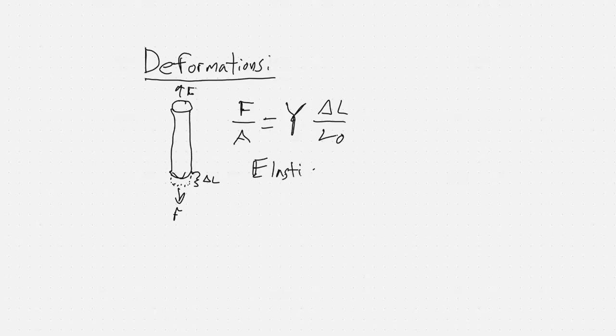The Y constant is called Young's elastic modulus. It's tabulated for different materials. So it's a physical property of the stuff. Another way an object can deform is, we could do the same thing again, take that same cylinder.